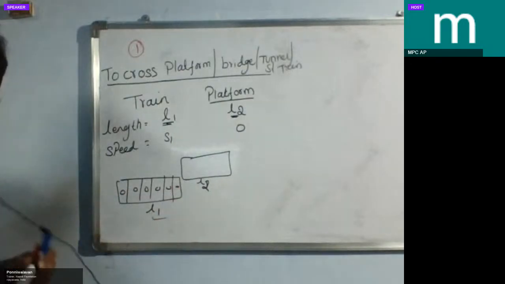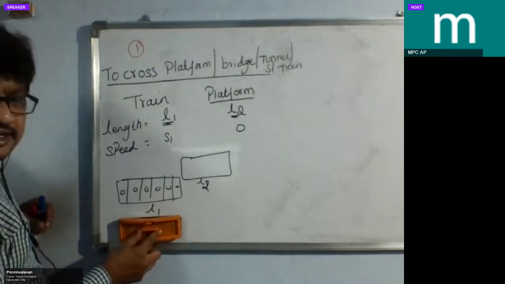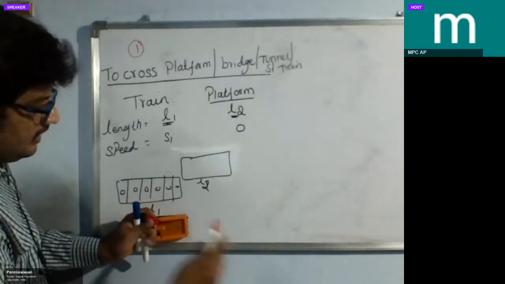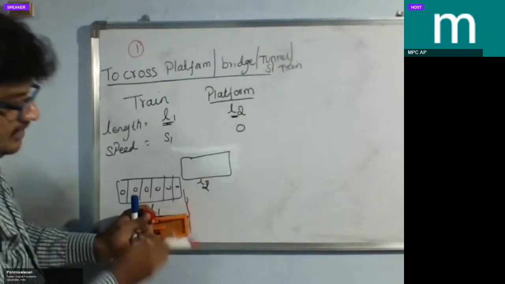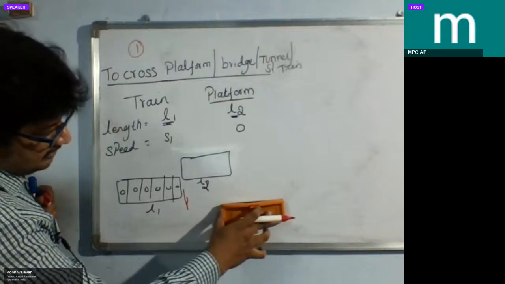To cross the platform, the train has to start from here and travel like this.